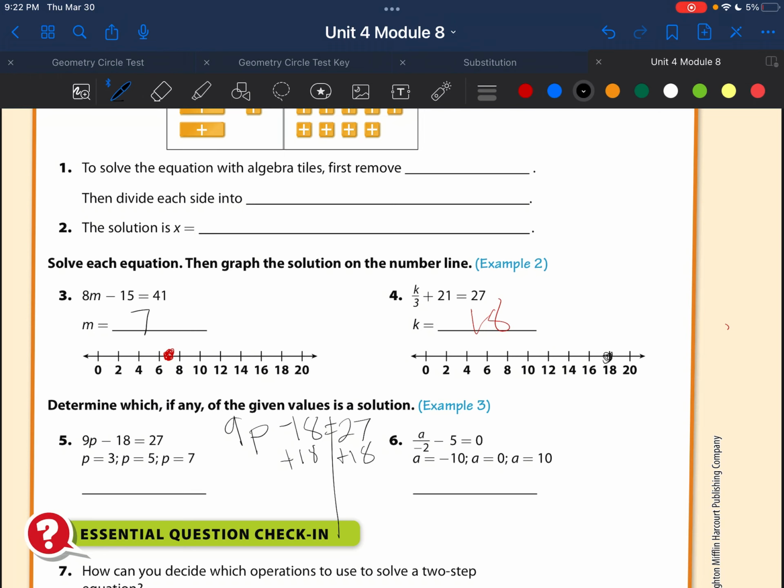Starting with what's furthest away, I add my 18. Bring down what's left, which is 9p. 27 plus 18 is 45. Divided by 9. So my p is equal to 5.